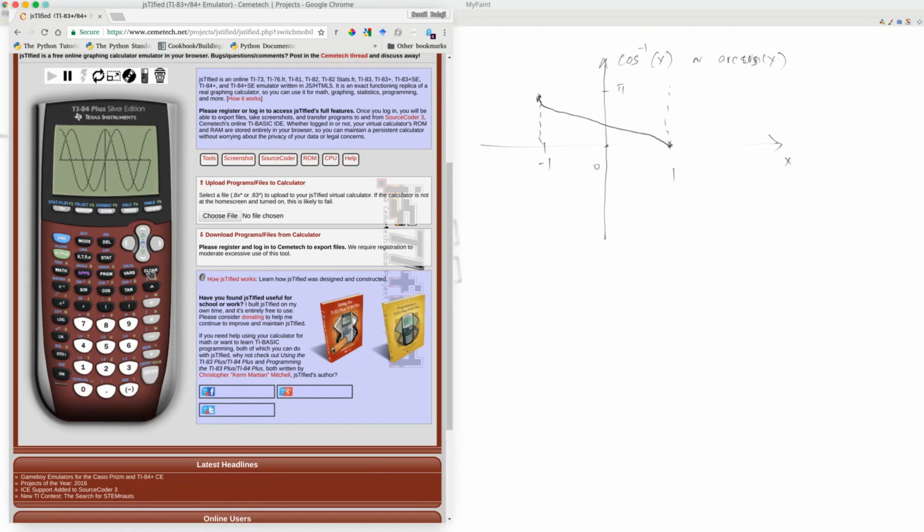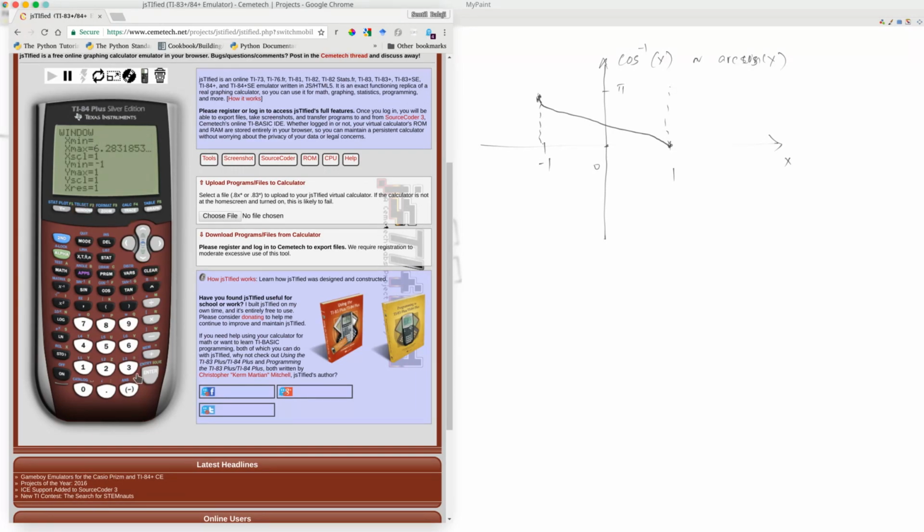We've got to be careful when we try to graph and understand a tangent function, because the tangent function has asymptotes, and we've got to account for those asymptotes while setting the window.